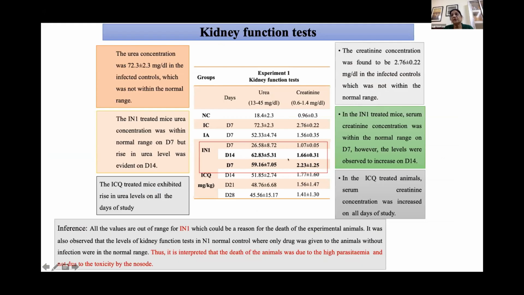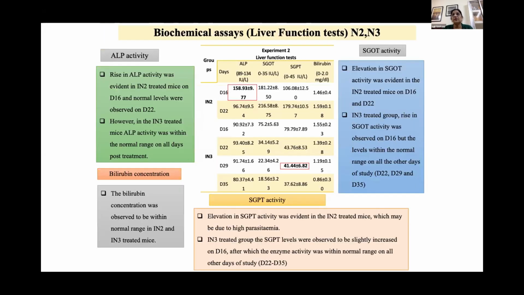So whenever the parasitemia is more, the levels are deranged, and as soon as the parasitemia comes to a normal level, these biochemical parameters are also within the normal range. It is just to demonstrate that it is the parasite which causes derangement of these biochemical estimations, and it is not the nosodes which are having any kind of pathogenic effect.